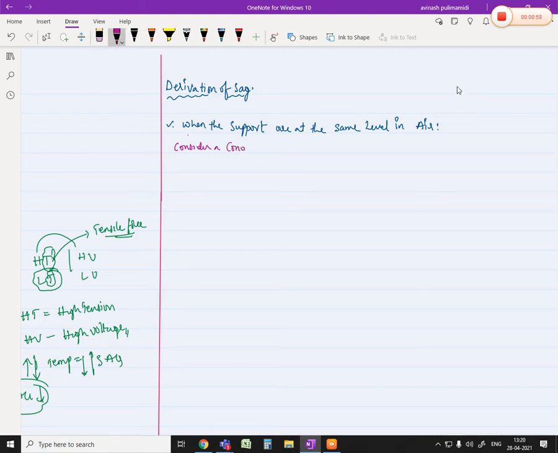Consider a conductor suspended between two equal level supports, A and B, with O as the lowest point.